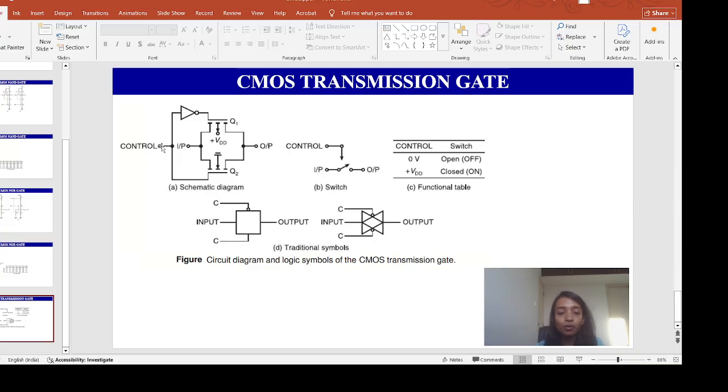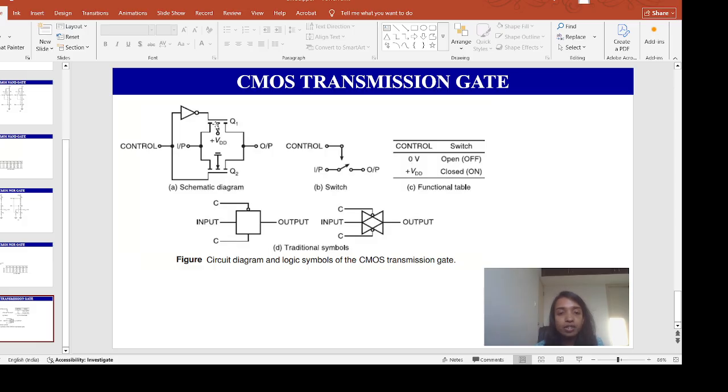Now, when the control is low, the gate of the P MOSFET Q1 is high and the gate of the N MOSFET Q2 is low. So if the input is low, VGS1 will be positive and VGS2 will be 0 volt.